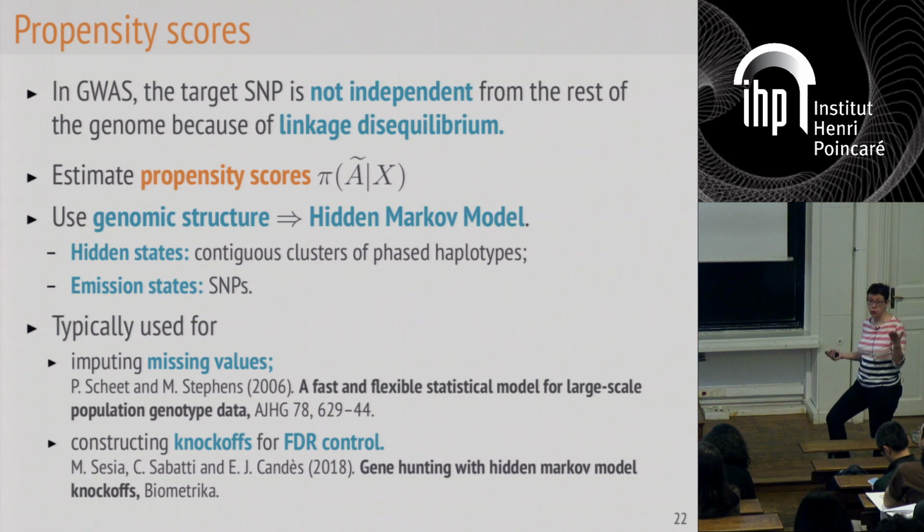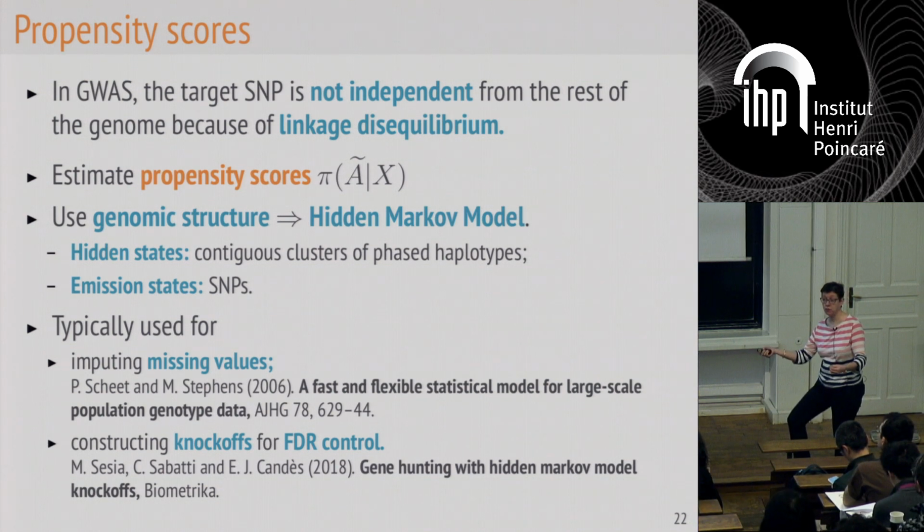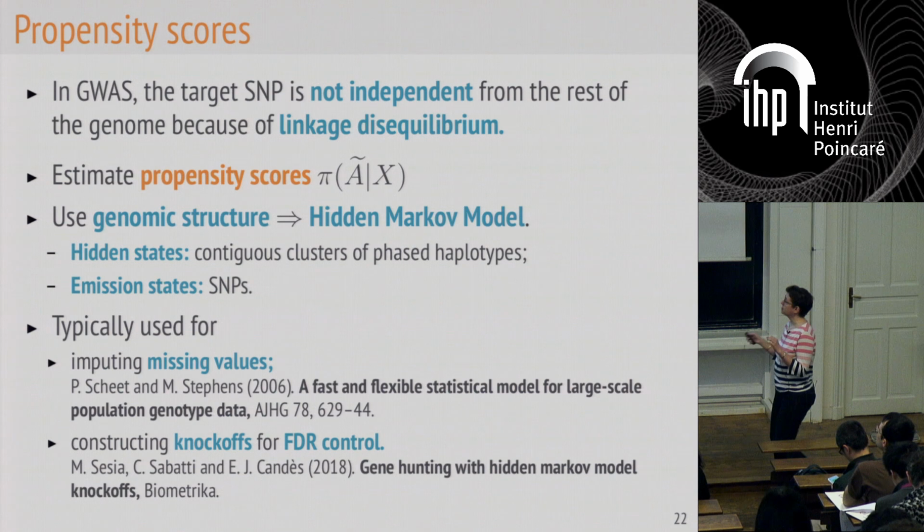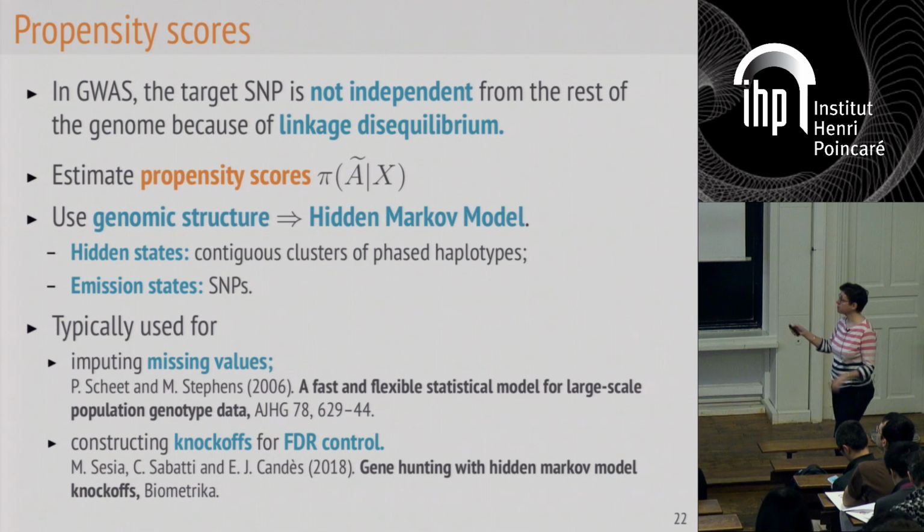They're due to the structure of the genome, but this also means that we can leverage the structure of the genome to explain them, to model them. And so you can build a hidden Markov model where your hidden states are what in biology you'd call contiguous clusters of phased haplotypes. Those haplotypes are those blocks of correlated features, and phased means estimated.